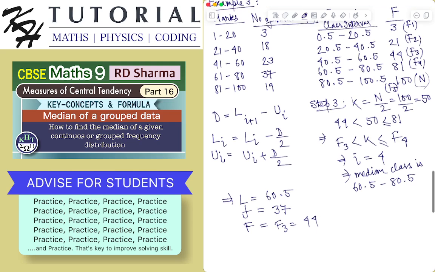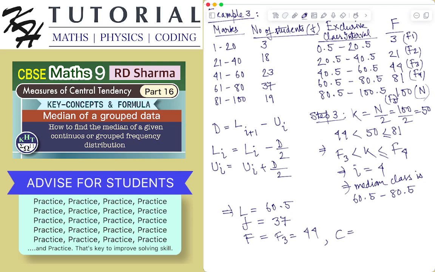Okay. Now what is C? Capital C is the class width or class size of the exclusive class intervals, which you can see clearly is 20.